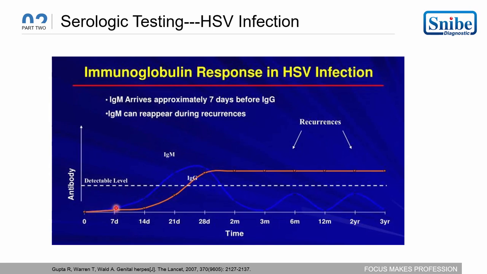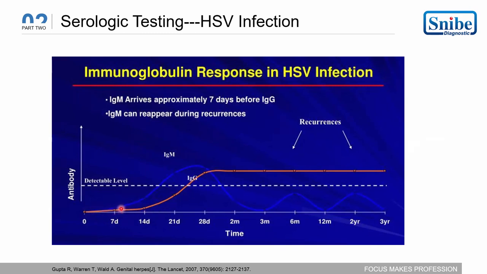After 7 days, the value of IgM increases, and it reaches a plateau between 21 to 28 days, and then it goes down. Then IgM reappears during recurrence as well, but the value of IgM is in a lower range as compared to the first exposure.